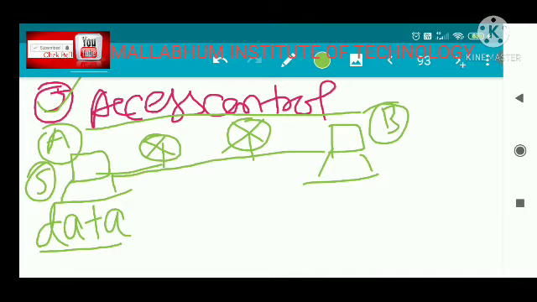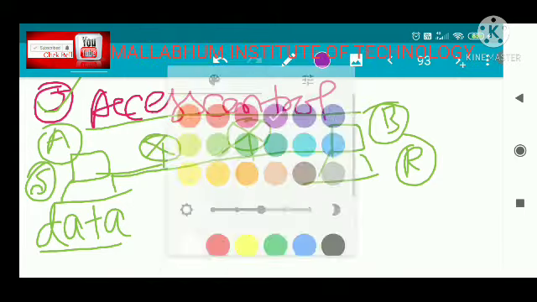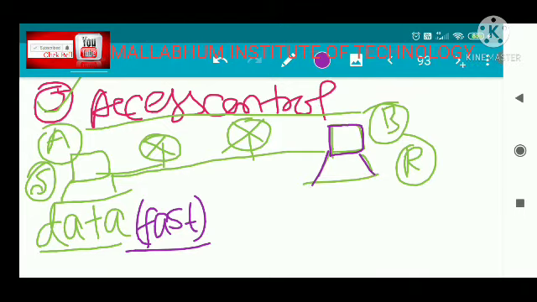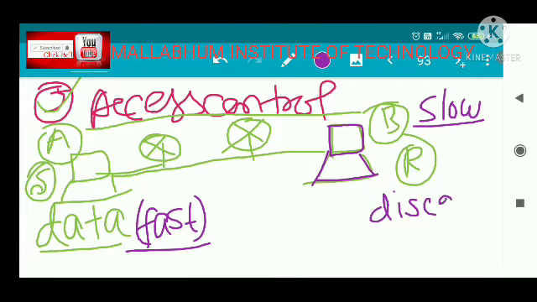Now if the sender computer sends the data at a very high speed, then what happens? Computer B has a limitation. Suppose it is performing at a very slow rate compared to the sender computer. Some of the data packets may be discarded, so all of the data packets may not be accepted by the receiver computer.